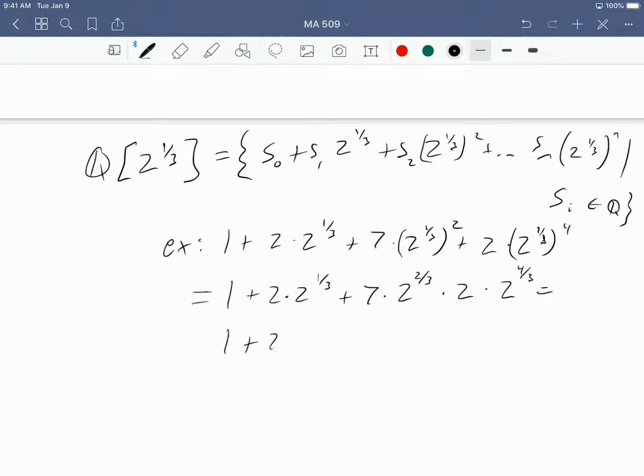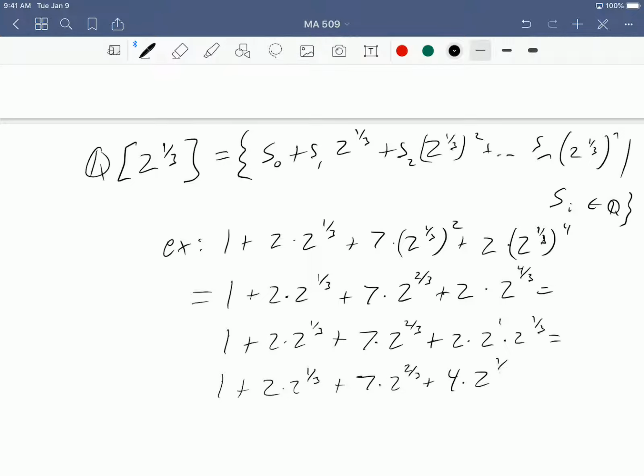So here we are, 2 times 2 to the 1/3, 7 times 2 to the 2/3, that's fine. Oops, and this was a plus. 2 to the 4/3 I can write as 2 to the 1st times 2 to the 1/3, right? And so in total I have 1, I have 2 times 2 to the 1/3, I have 7 times 2 to the 2/3, and I have 4 times 2 to the 1/3.